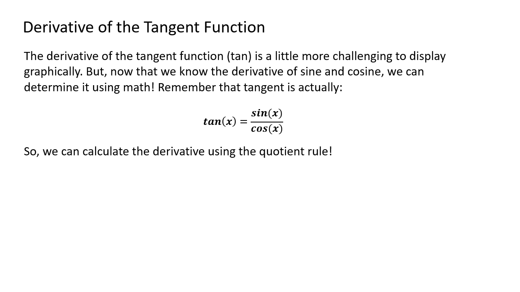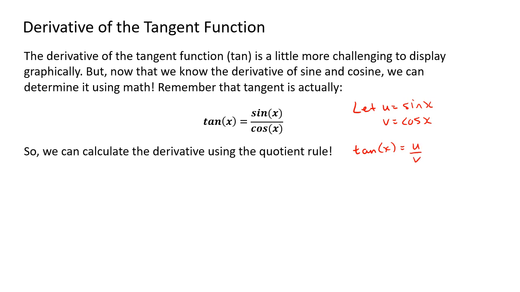And for those functions, remember when you have one function divided by another, you can use the quotient rule to find the derivative. Remember, the quotient rule is if we let u equal to sine x and v equal to cosine of x, then our function, okay, tan of x becomes u divided by v.